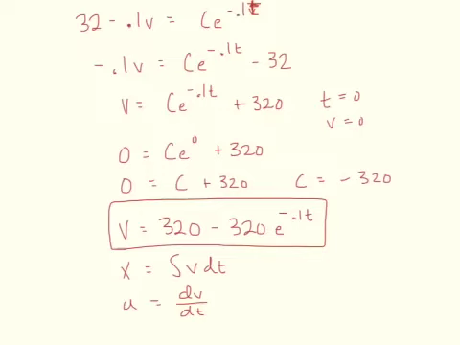And by taking that equation and taking the derivative, we can get acceleration as a function of time. Alright, and that's all you need to know about acceleration as a function of velocity, and using that to figure out velocity, position, and acceleration as a function of time.